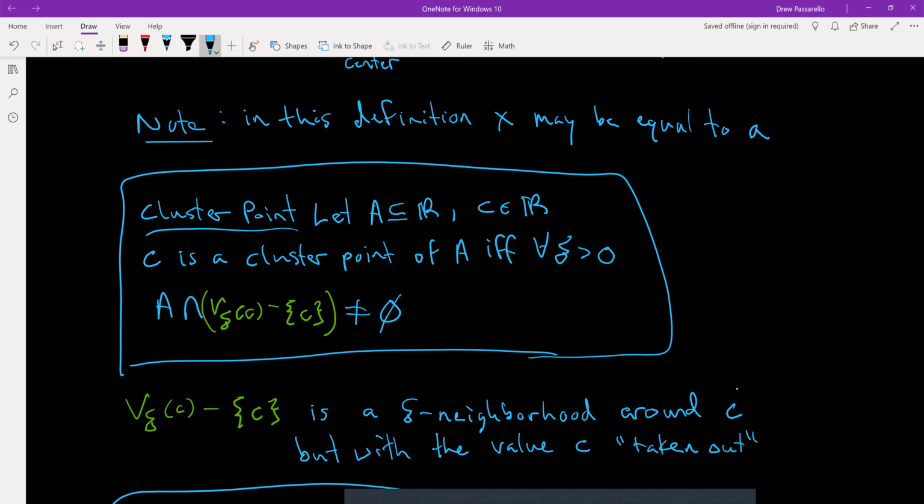So I like to call it a punctured neighborhood. So this I like to think of as the punctured neighborhood around c for delta as the radius. So you're going to have this set A intersecting this punctured neighborhood being non-empty. And that is what it means for c to be a cluster point.